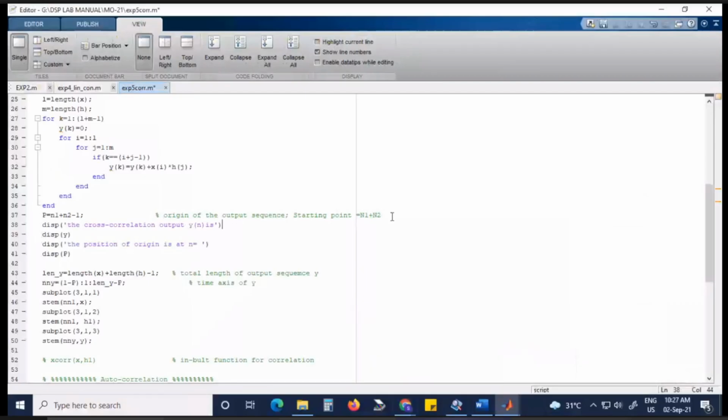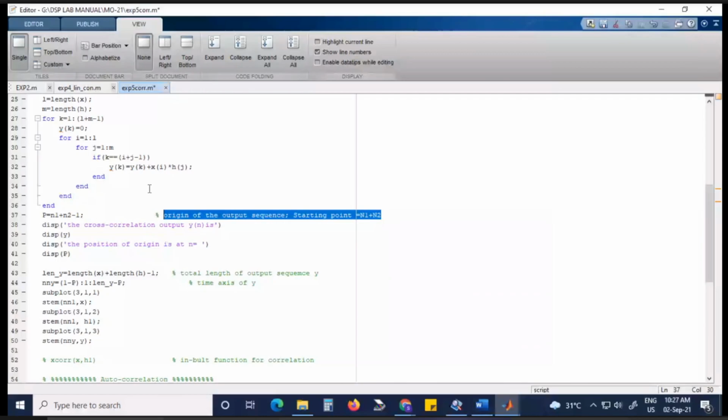Okay. According to the formula of convolution, the starting point would be n1 plus n2. But here we are not considering that starting point as the origin. We are considering the position of origin, n1 and n2, in the array.